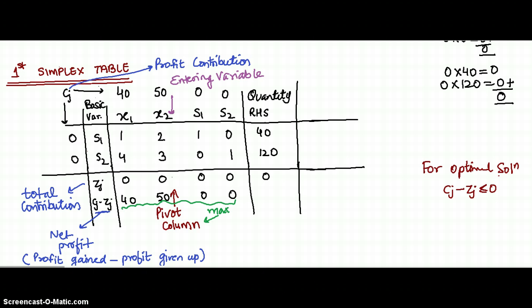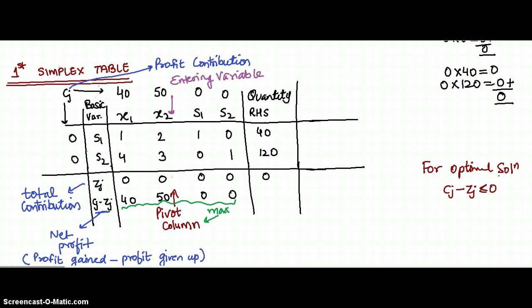Now, since each basic feasible solution contains only two variables with non-zero values, one of the two basic variables, s1 or s2, will have to leave the solution and become 0 because the variable x2 is entering.